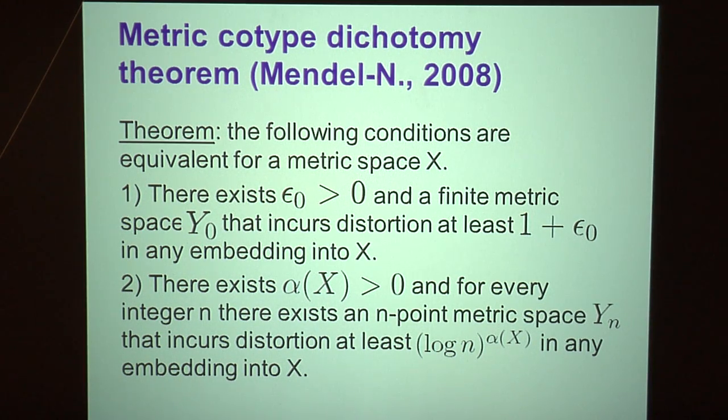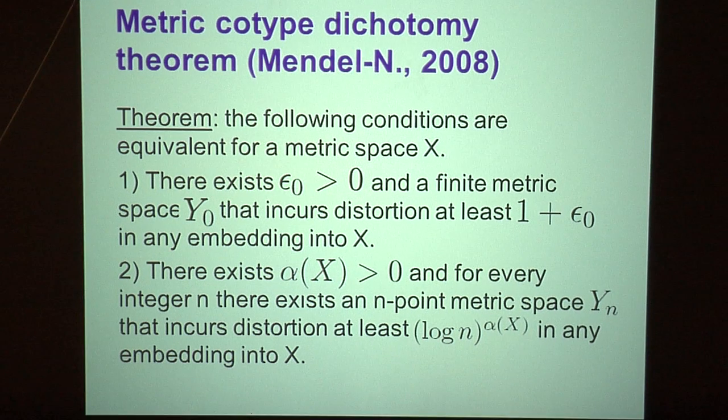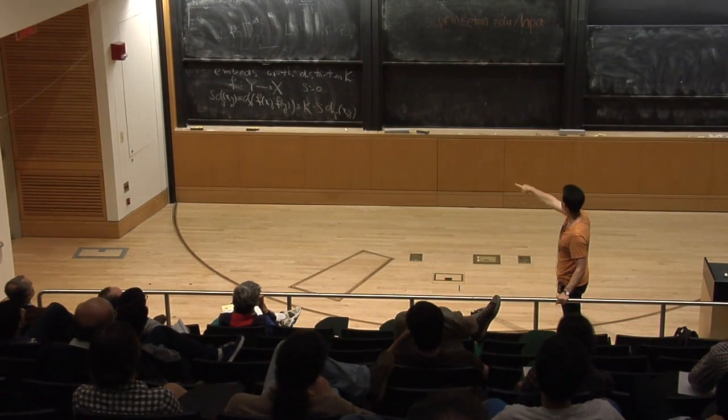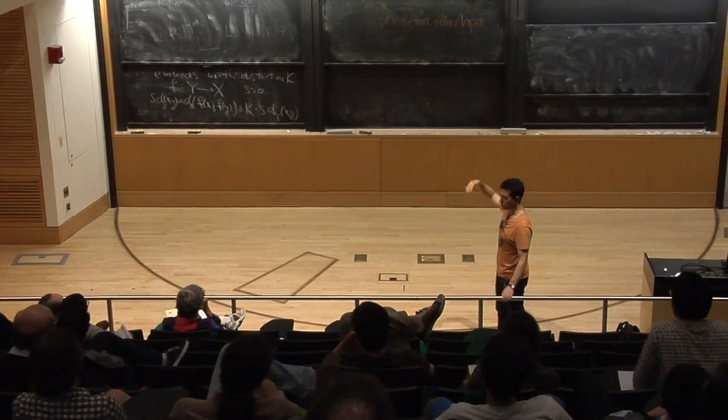So either for every epsilon, every finite metric space embeds with distortion K equals 1 plus epsilon into your metric space, or there exists a positive number alpha, depending on the geometry of the space, such that there are n-point metric spaces whose distortion, the smallest possible distortion K, when embedded into Y, grows like a power of log n.